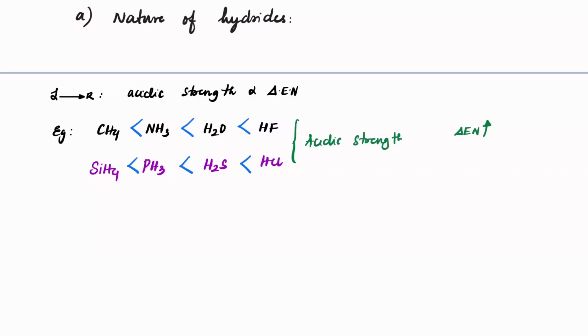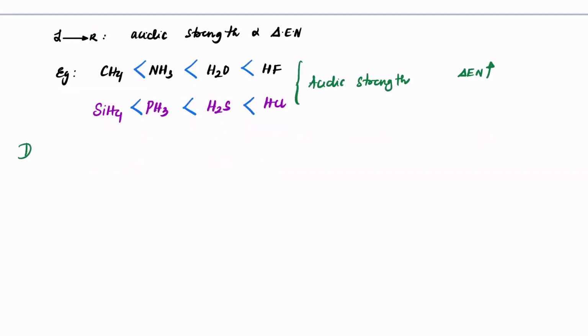While going down the group, check out down the group here. If you go down the group, you will notice that acidic strength depends, in fact, on electronegativity, but mainly depends upon lesser bond dissociation energy.